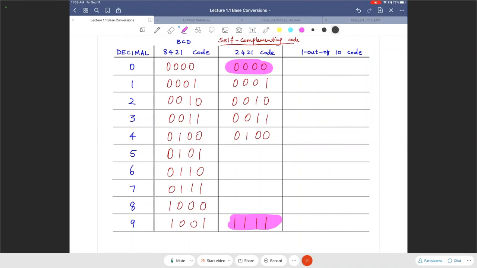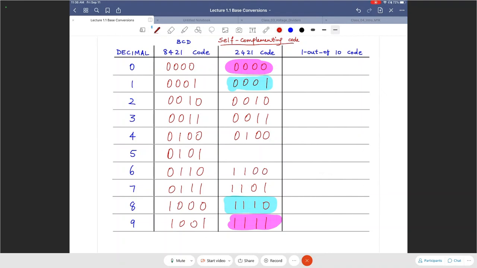All right, so tell me the code for 8. What would I need to do for 8? What should I fill here? You got it, 1, 1, 1, 0. Complement, complement, complement. Next, for 7, 1, 1, 0, 1. For 6, 1, 1, 0, 0.